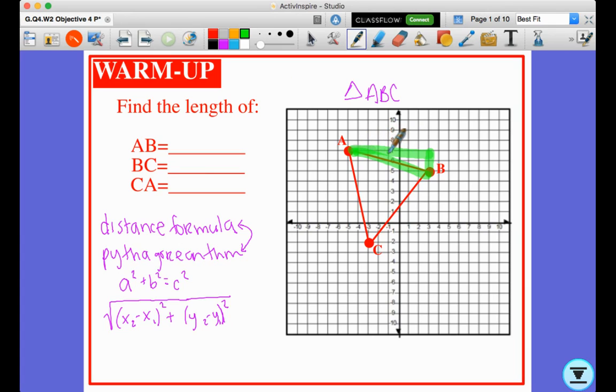1, 2, 3, 4, 5, 6, 7, 8. So that length is 8. This length right here is 2.